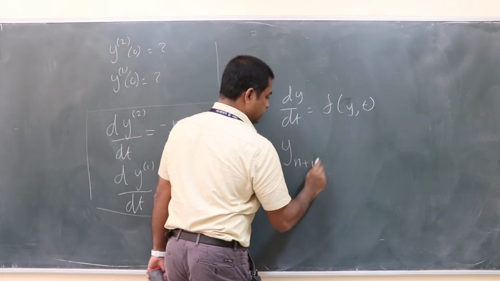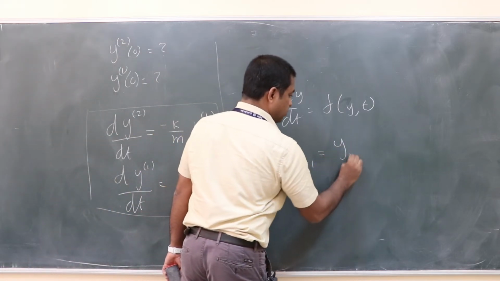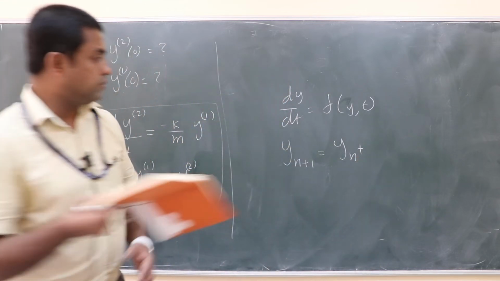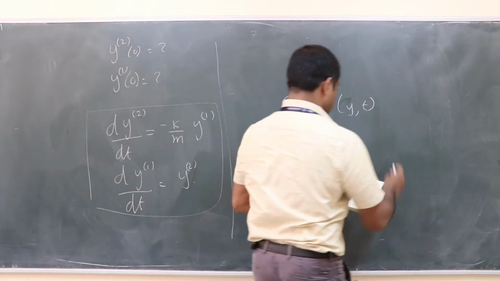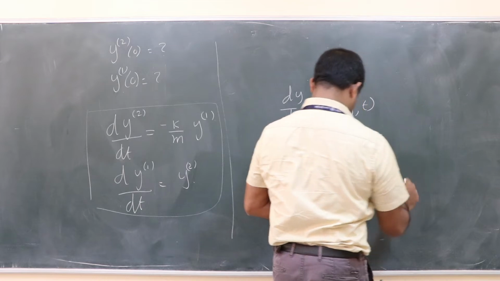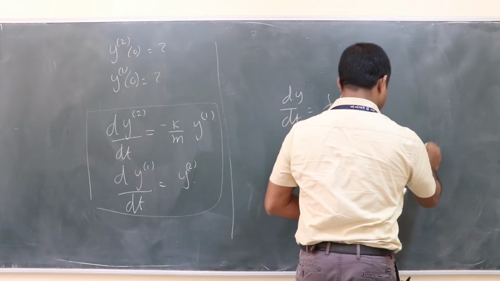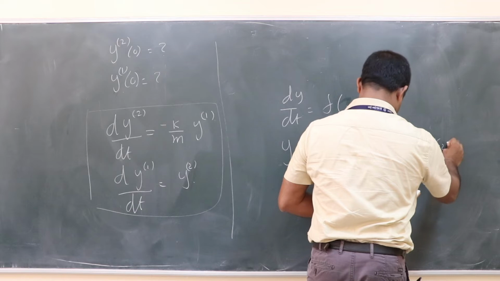I will write down the formula directly: y n plus 1 equals y n plus 1 by 6 times k1 plus 2 k2 plus and so on.